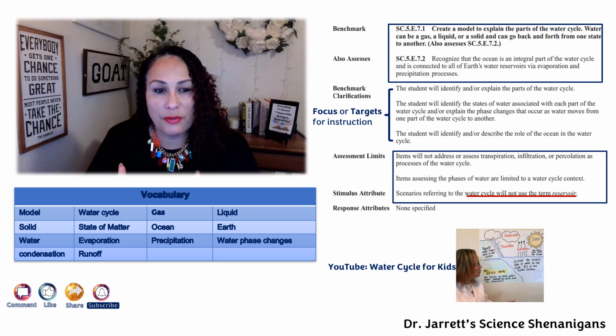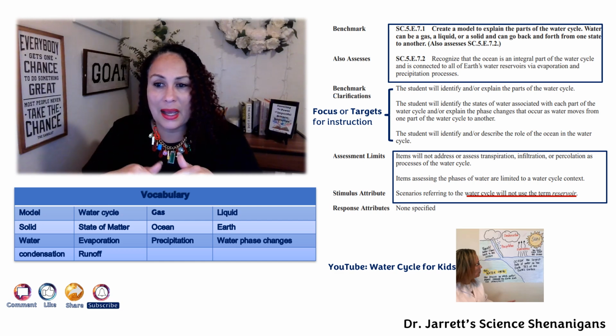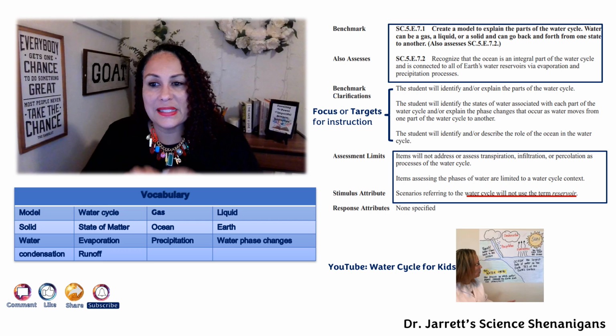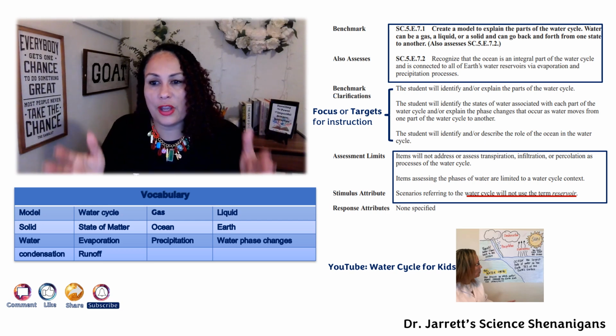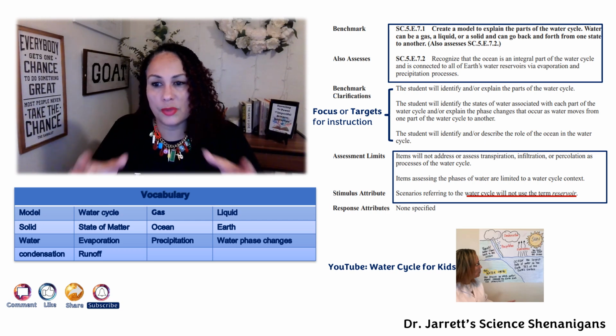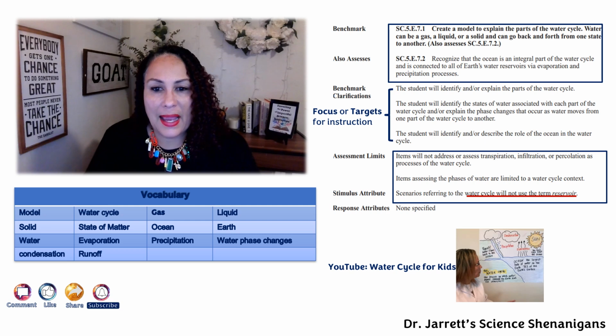So it's going from a gas to a liquid to a solid, and that is one of the pieces that they absolutely get confused with. So if I had a glass of water and it had ice inside, the temperature inside where the ice water is different than the outside. So therefore, that's why the condensation forms on the sides of the glass.